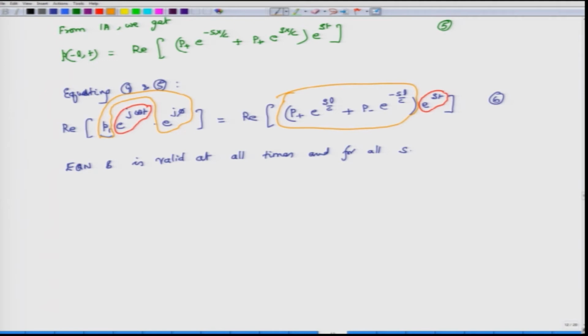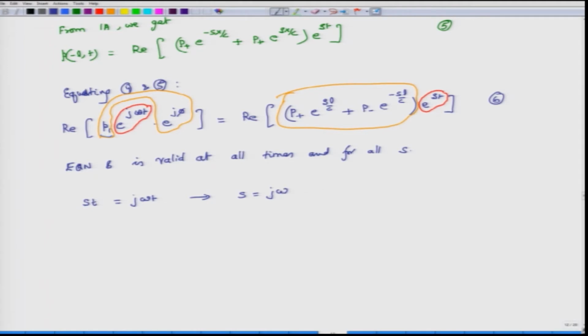So, if that is the case, from this we get that s t equals j omega t, which tells us that s equals j omega. Okay.